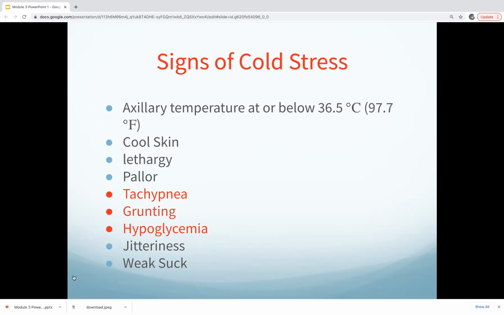Cool skin, very lethargic, floppy, hypotonic, very pale, and they're going to have a fast breathing rate. They're going to have this breathing called grunting breathing. Their blood sugar will be dropping. Because everything's kind of floppy and hypotonic, they're going to have a very weak suck, which is going to make this even worse. And then that jitteriness that they're getting from that low blood sugar.